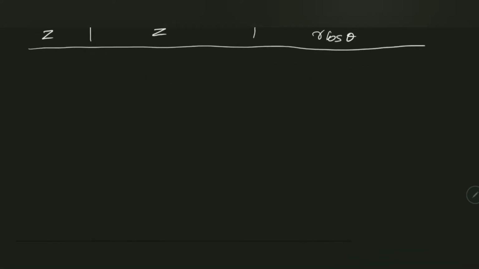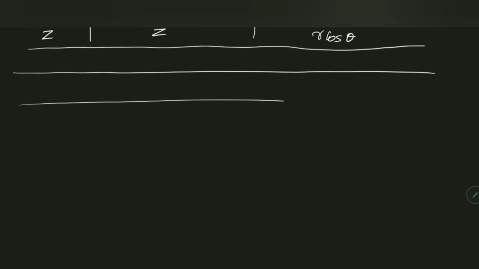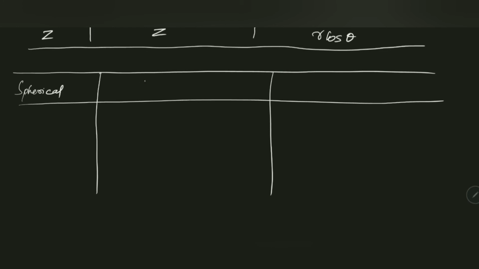And finally, if they are asking you to find the spherical coordinate system by giving the other two, let's see what the formula is here. You have been asked to find the spherical, and you are given the cylindrical and Cartesian.